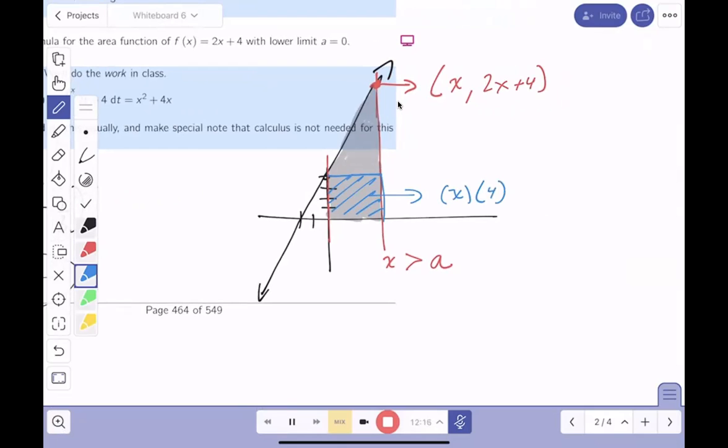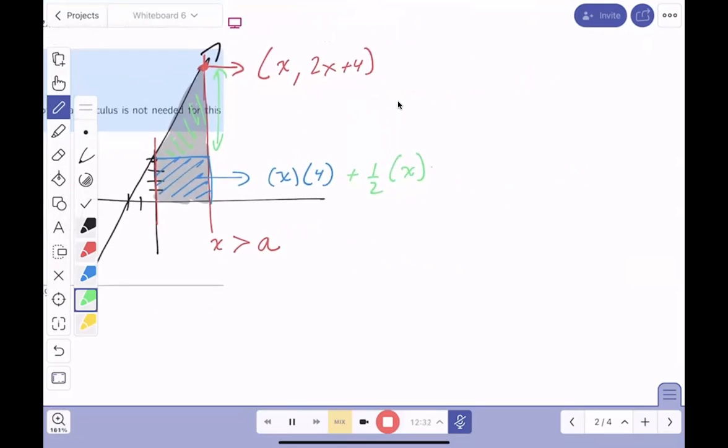The other guy is this guy over here. I think I can do that. That's going to be 1/2. The base will be x. And what's the height going to be? This is the height of it, and that's going to be 2x plus 4 minus 4, which is just 2x. Let me simplify this. This is going to be 4x plus x squared.